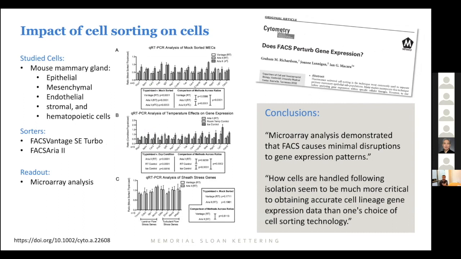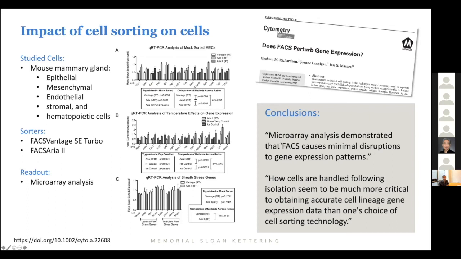For me, this is one of the most important papers, again with a very good systematic approach. Here, they not only used the control of sorted versus unsorted samples, but they also did a microarray analysis of the samples before they were processed. This is very important because it allowed them to look at all of these types of cells that could be very fragile.